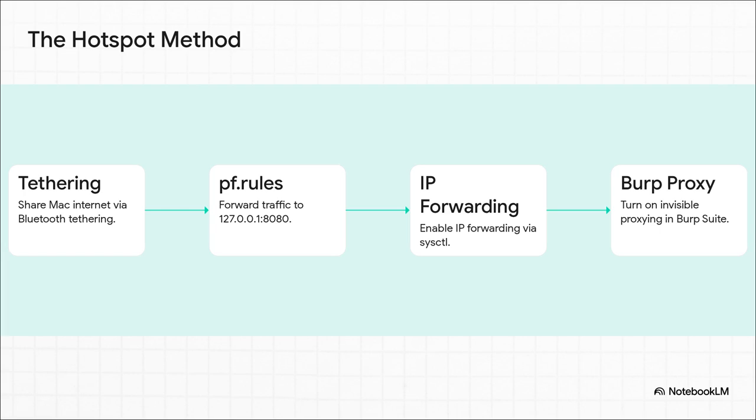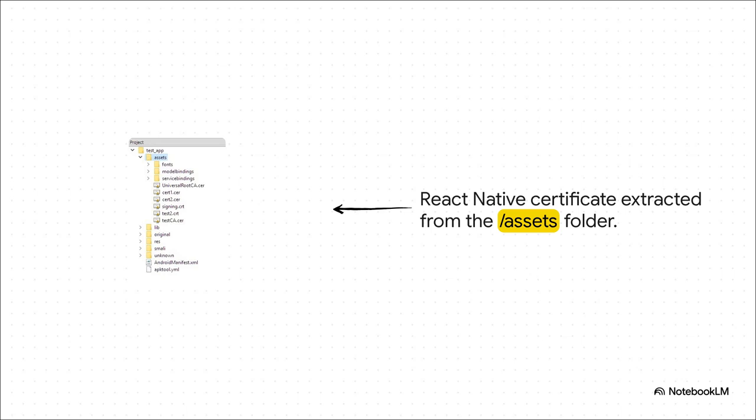And hey, if that network-level routing fails, we can use specialized tools like reFlutter to patch the compiled Flutter binaries directly. Now, what's really interesting about this slide is how React Native handles pinning. Apps using the popular React Native SSL pinning module actually have a fascinating flaw. They often store the pin certificate right inside the APK's /assets folder.